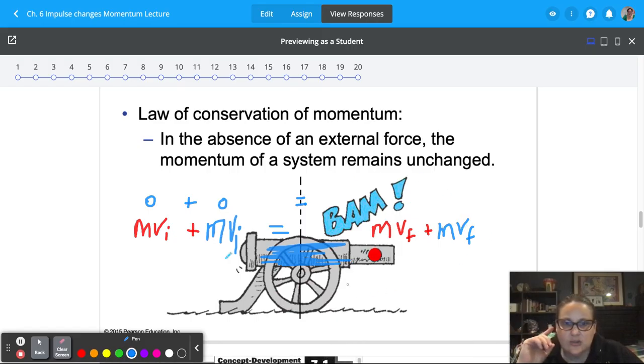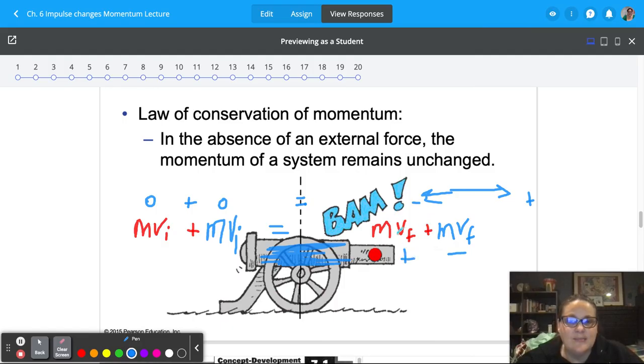Now, it seems like initially that this is not going to equal 0, but here's the kicker. Velocity is a vector quantity, which means it has direction. And so if we define just like an XY plot, that to the right is positive and to the left is negative, what we will find is that the velocity of the cannon will be negative because it'll go backward. That recoil we talked about will be, so this velocity will be negative, and the cannonball will move to the right, which would make its velocity positive.